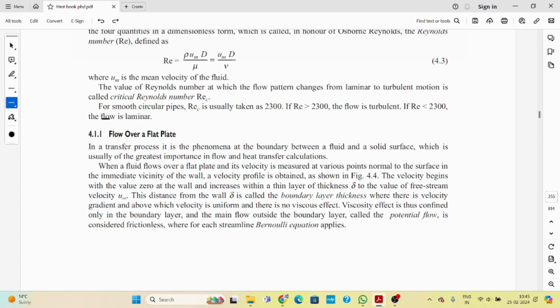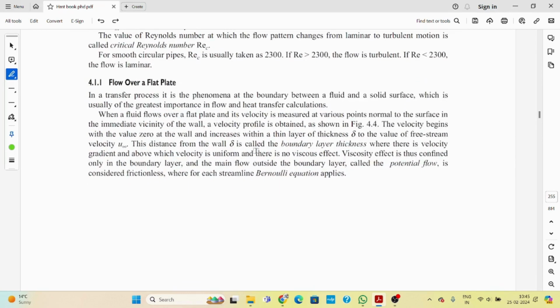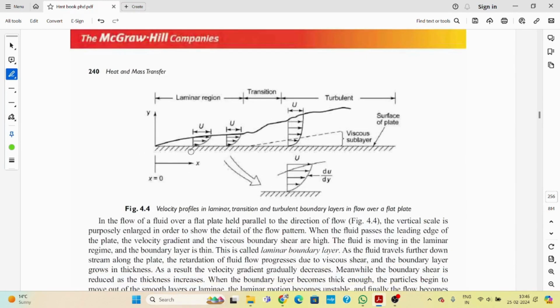Here you can see flow over a flat plate. Outside the boundary layer is called potential flow.